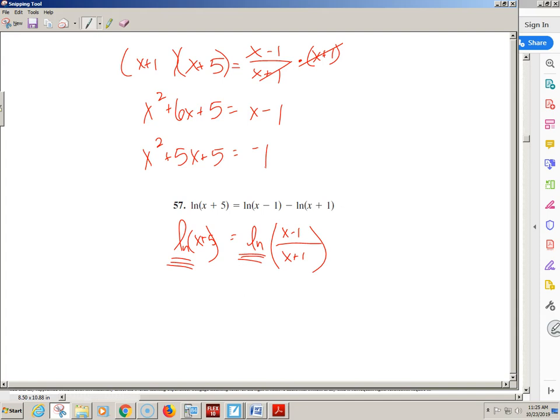Good, because in order to deal with a quadratic, don't we need it equal to 0 to be able to factor? Your factors were x minus 2 and x plus 2.